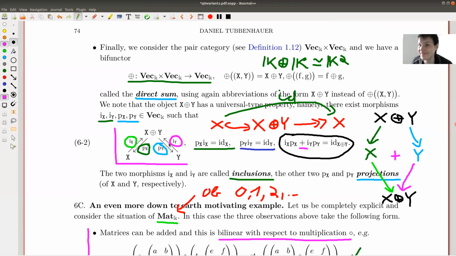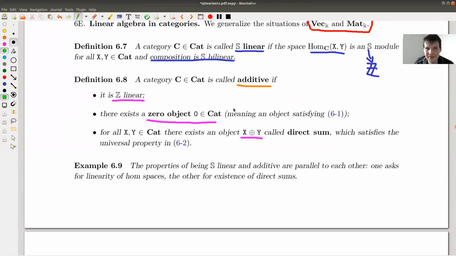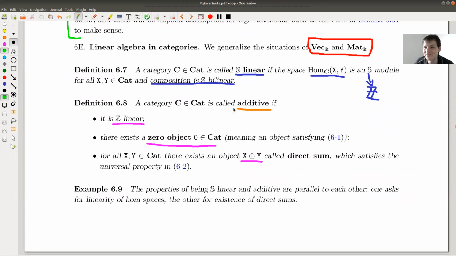Try to think about why this is a universal property, but the direct sum should satisfy this. So there will be projections and inclusions satisfying the projection and inclusion rules, those things that I've written here, this one and this one, and of course for y as well. But it's really just the same as for vector spaces. You can do this definition in general.